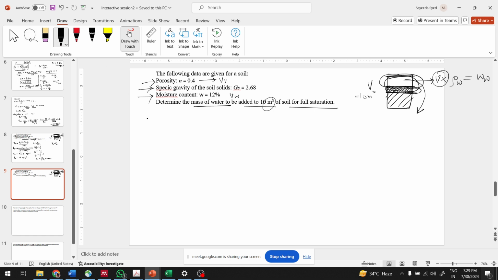Okay, so gamma saturated equals (1 minus n) Gs plus n rho W. Basically, this is the formula. Actually, what this is coming from is the gamma saturated formula, (G plus w) by (1 plus e) times gamma W.